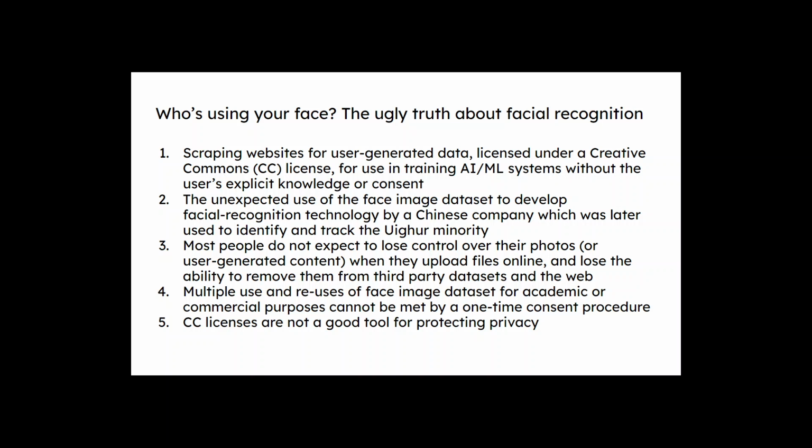This once again goes back to the fact that data can be reused in multiple ways and for multiple purposes. It could be purely for research, it could be economic, it could be some other reason. But you don't really know why it's being used, and this can lead to unintended consequences.